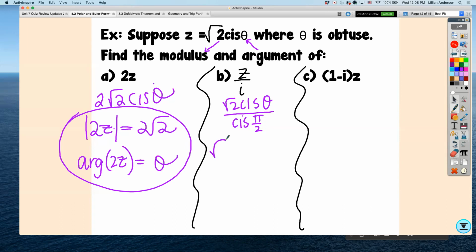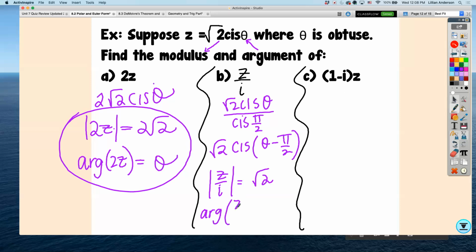You subtract. So this becomes root 2 cis theta minus pi/2. So my modulus of z divided by i is going to be root 2. And then my argument of z over i is just what?